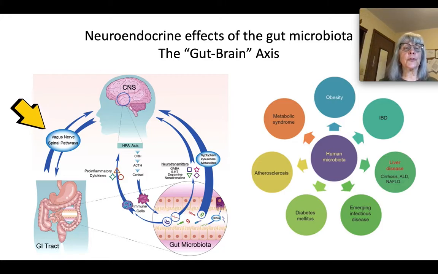And it's a two-way street, so the brain can also release chemicals that affect the endocrine system, such as ACTH and cortisol.